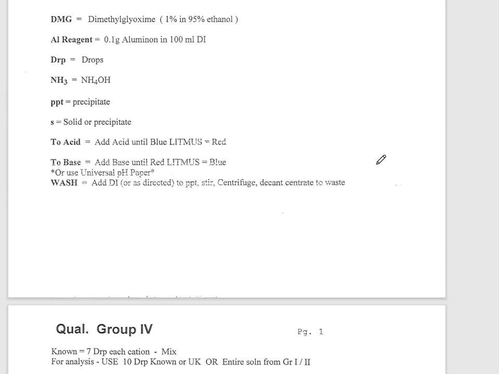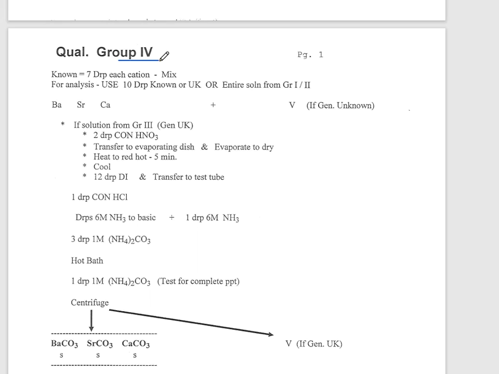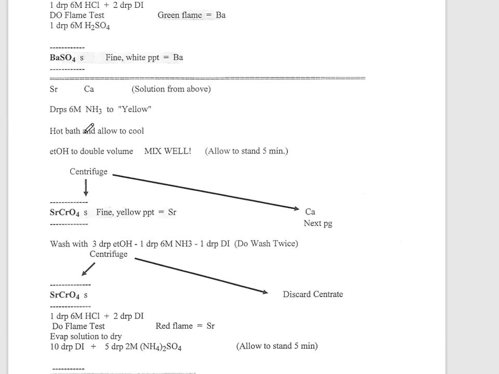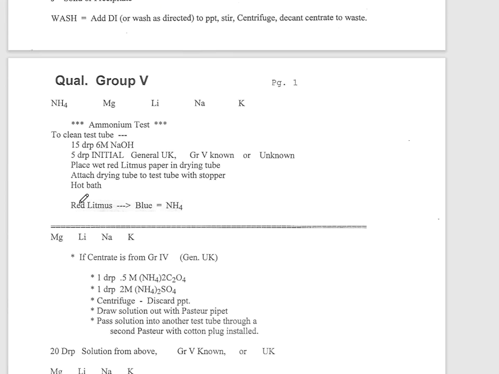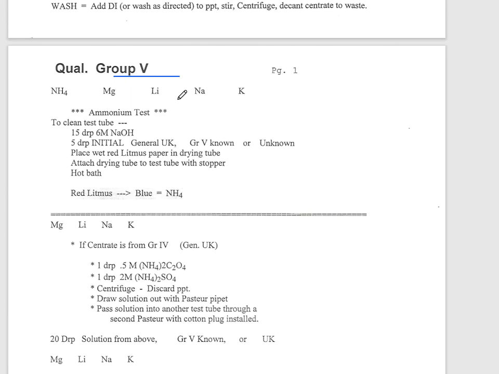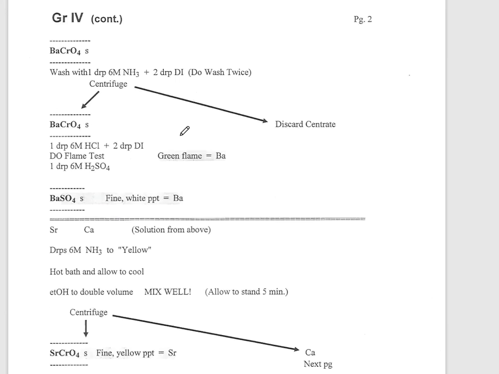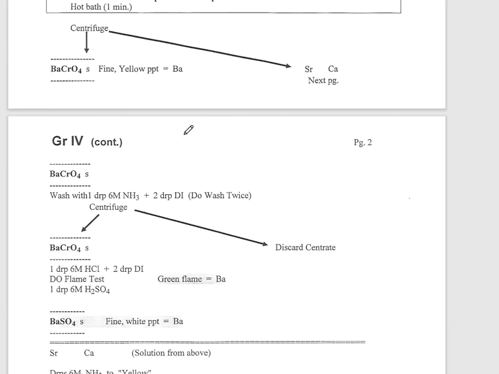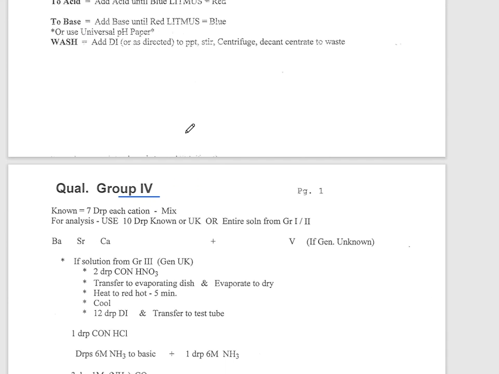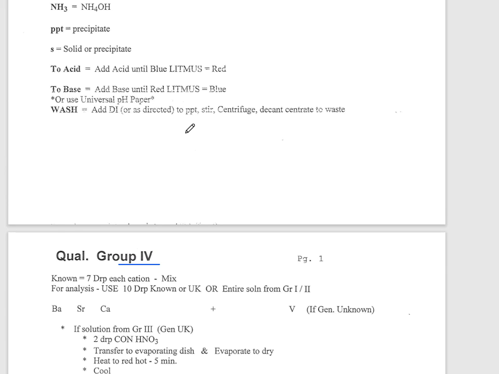Now, at the end of this lab document, you'll see group 4, and as you go through, you'll also see group 5. So group 4 and group 5 we probably will not do. We can. We've done them before in the past, right? We've got everything that we need to do with all of these, but just for the sake of time, we're going to get you to focus on the heart of qualitative analysis, and that will be group 3, which actually includes most of the cations that are involved in the test.